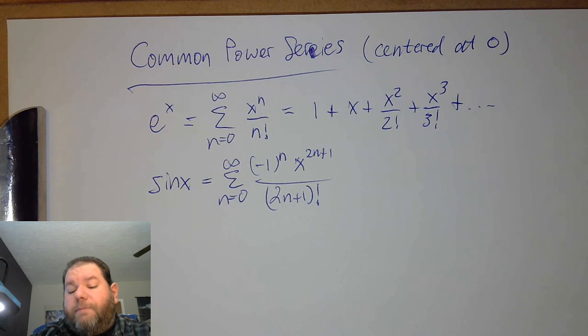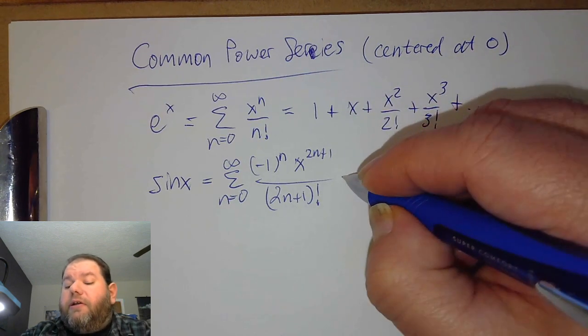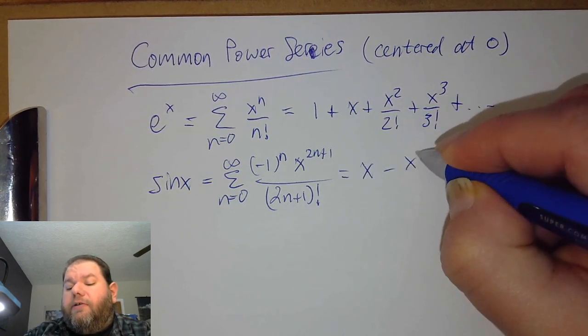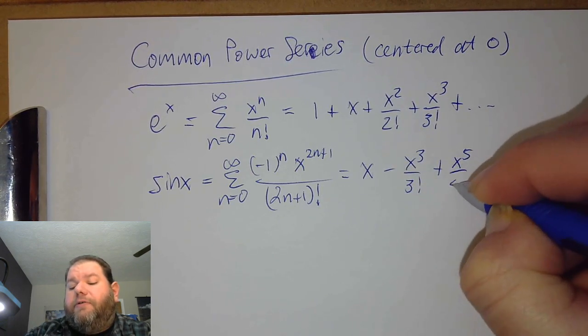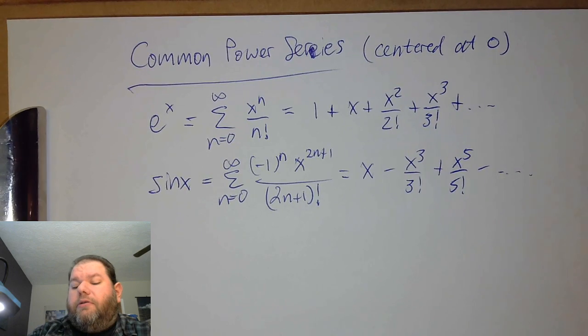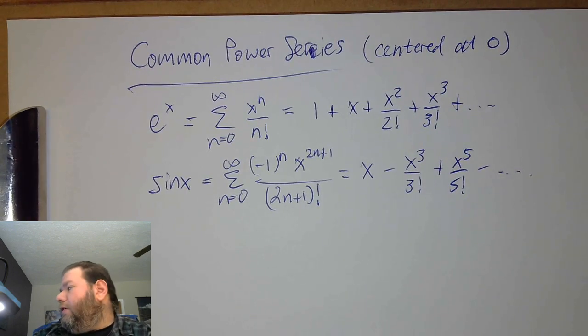The first term should be a positive x to start off with. Okay, I've got it right then. So it'll be x minus x cubed over 3 factorial plus x to the 5th over 5 factorial, and so on. Sine x actually has a lot of the terms similar to e to the x. It's basically the odd terms, but also alternating positive to negative.